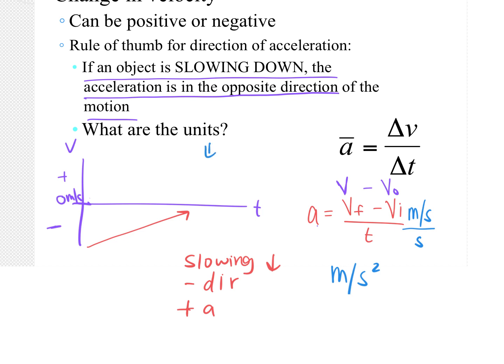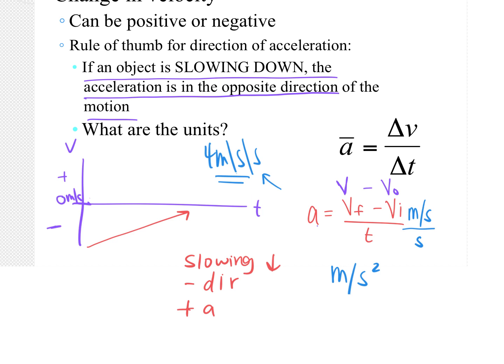If my acceleration is 4 meters per second squared, that tells me for every second that goes by, my velocity increases by 4 meters per second. So I'm traveling 0, then after 1 second I'm traveling 4, then after 2 seconds, now I'm up to 8 meters per second, then I'm up to 12, right? I'm speeding up at that certain rate. Okay, so meters per second squared.